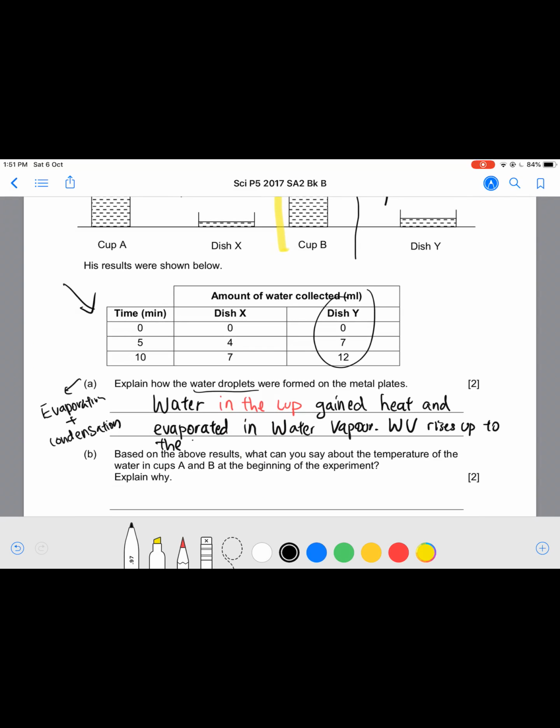To the metal plate and loses heat to it, which is the plate. So it condenses. This is the result already, forming water droplets. So I hope you're getting the hang of it, because this is a dictation that we have been doing in the past.